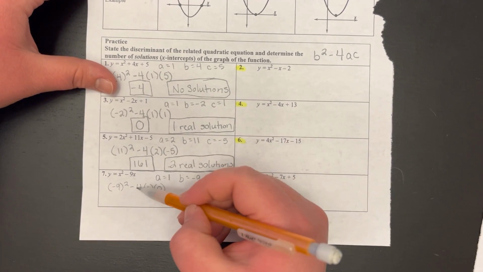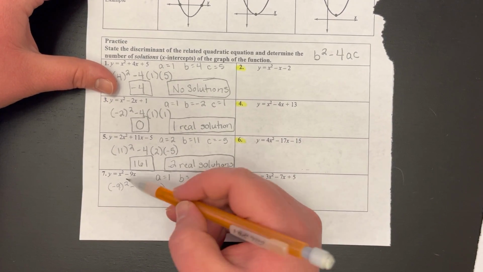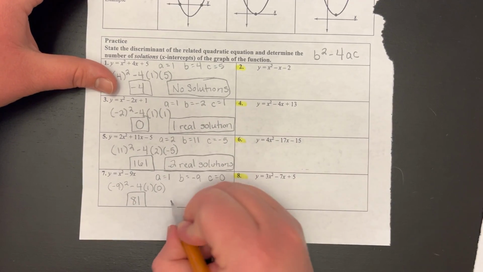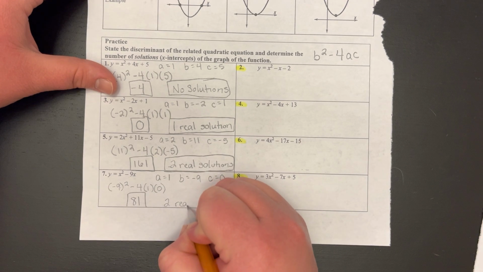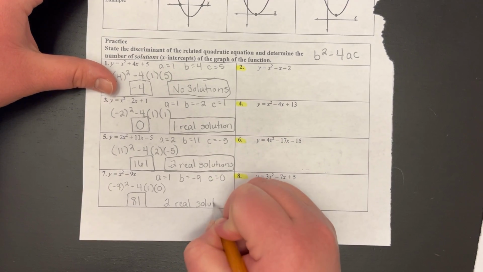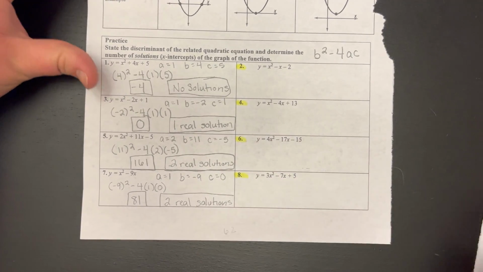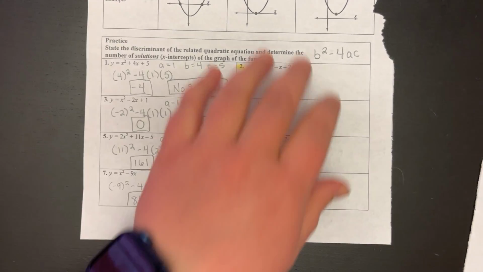So really, this whole thing here is 0, so I'm just left with negative 9 squared, which is 81. So my discriminant is 81. That's positive, so that's 2 real solutions. All right, hopefully you're getting the hang of finding the discriminant. Let's practice some more quadratic formula.